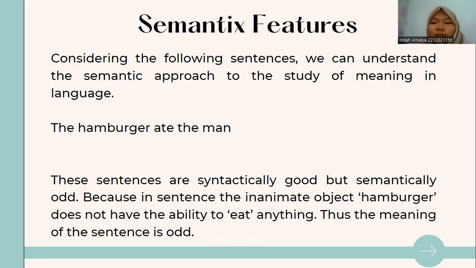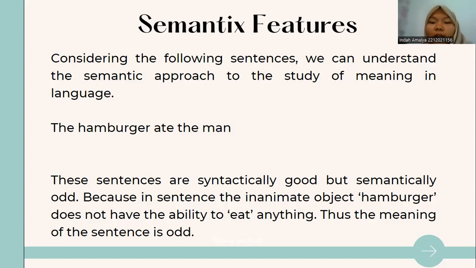Considering the following sentences, we can understand the semantic approach to the study of meaning in language. Here we have a couple of sentences. The hamburger ate the man. This sentence is syntactically good, but semantically odd.